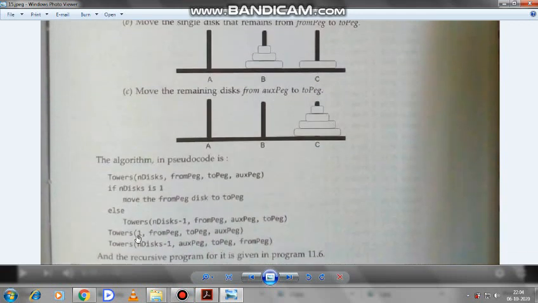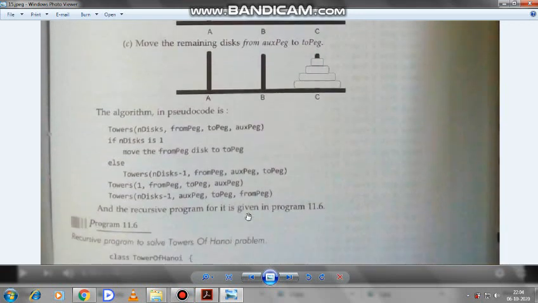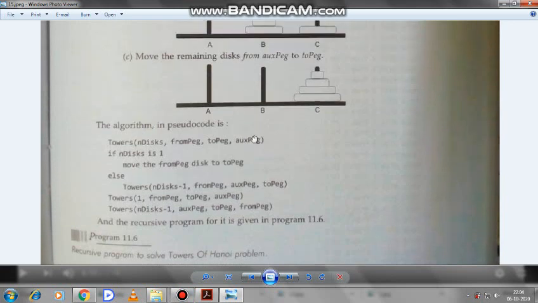Then move one disk from the from peg to the to peg, then move n minus 1 disks from the aux peg to the to peg, from B to C, using the from peg as the auxiliary peg. Now I know this concept is a little bit confusing for now, but if you practice, then you will be able to understand, and these things will become easy.